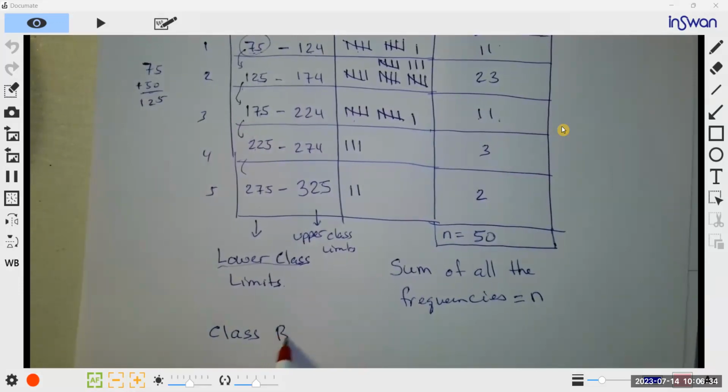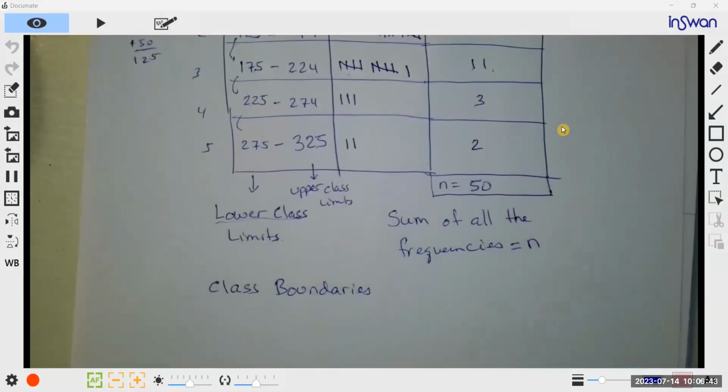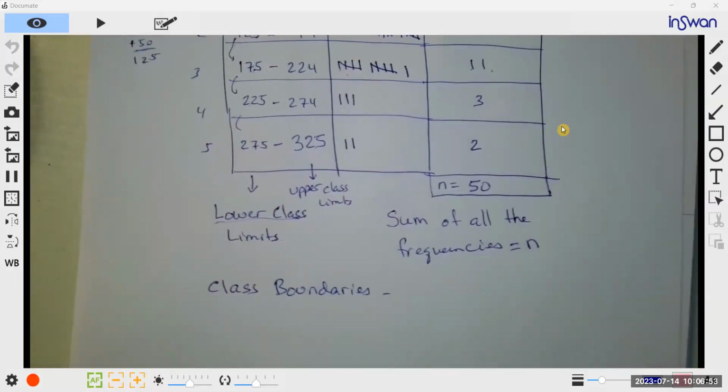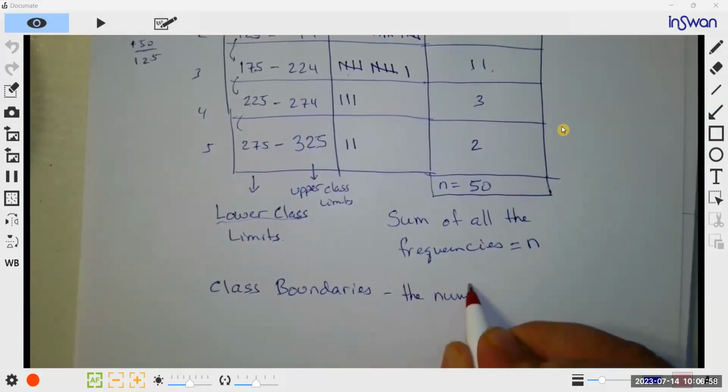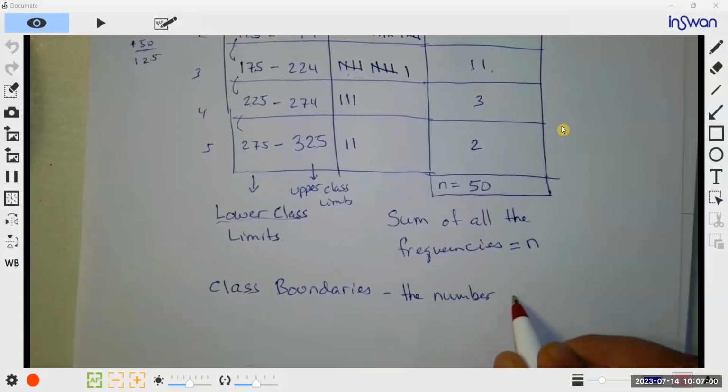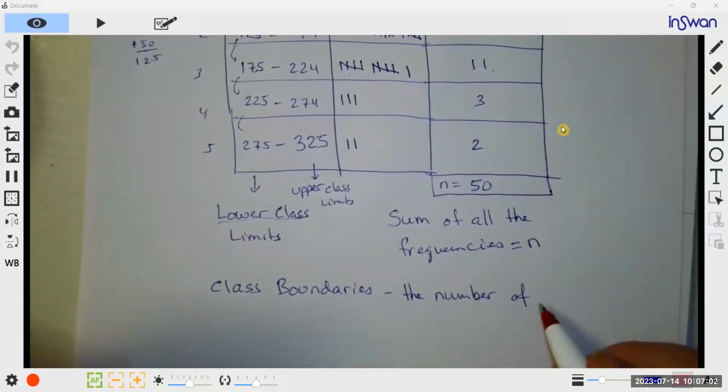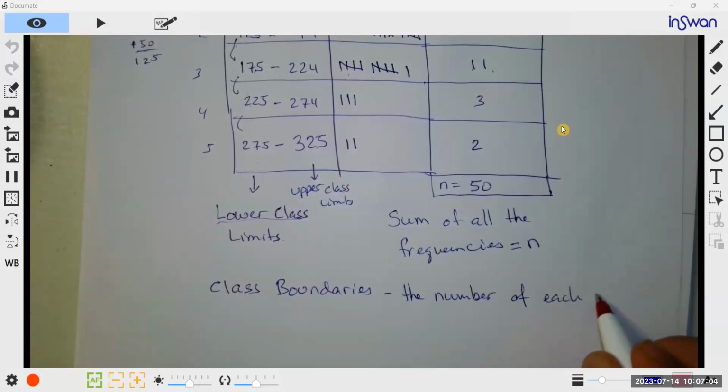When we talk about class boundaries, what we're looking for are the numbers that we use to separate each class.